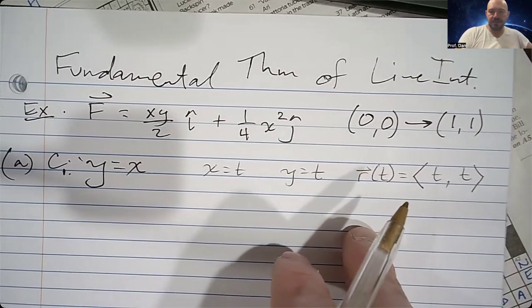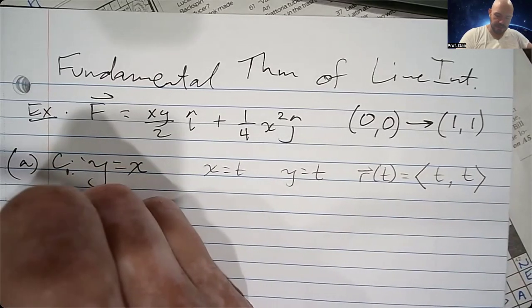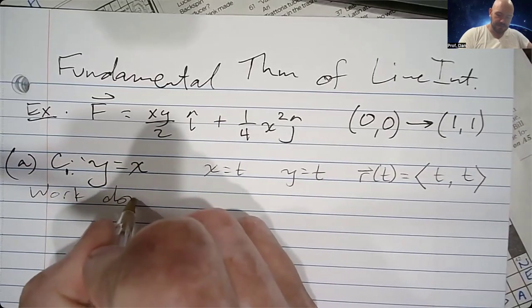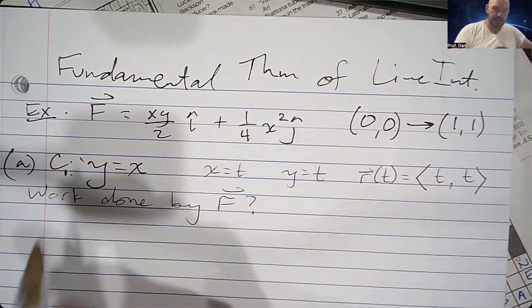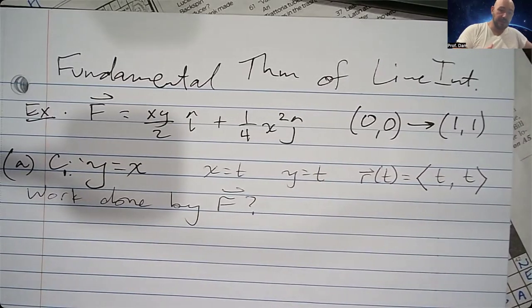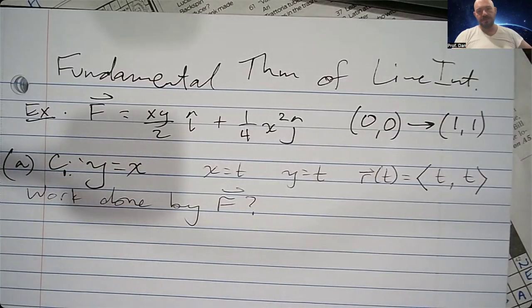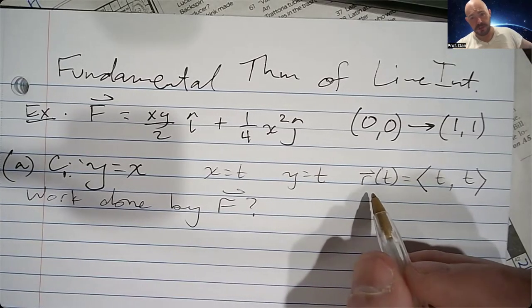Remember, to compute a line integral, or actually, before I do that, we're figuring out the amount of work done by the force field on the object. So remember, with line integrals, typically we would want to find the magnitude of r prime.